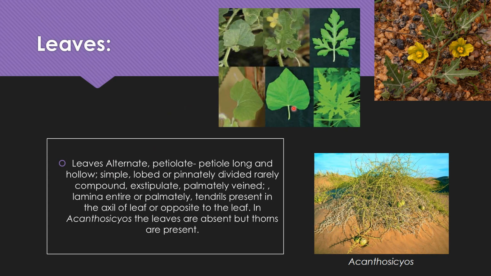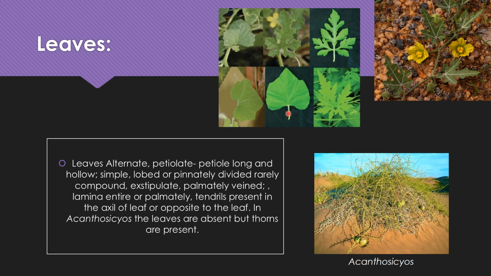Leaves. Usually the leaves are simple and alternately arranged. Petiolate leaves, having a stalk, and the petiole is long and hollow. Lobed or pinnately divided leaves, rarely compound leaves. Exstipulate, that is, stipules are absent, and the leaves are palmately veined.